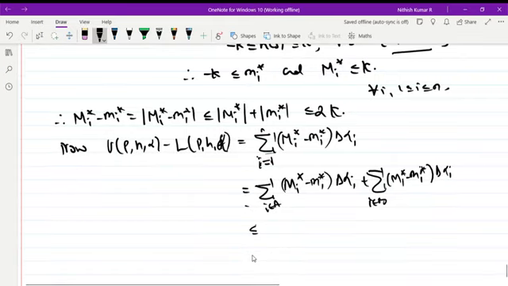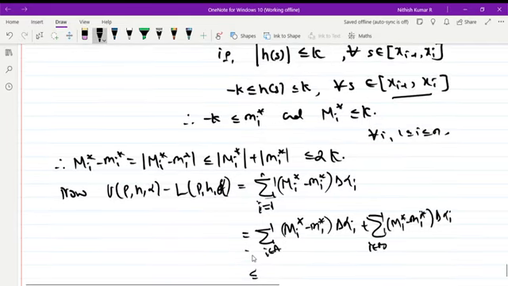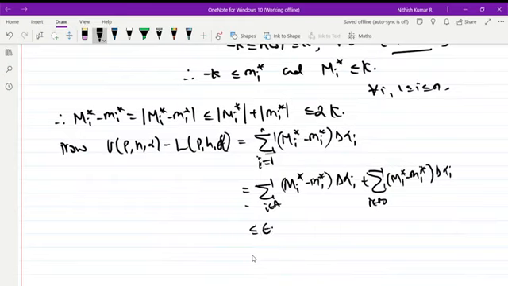Now this is less than or equal to, since we have seen that M_i* minus m_i*, whenever i belongs to A, is less than epsilon, epsilon times the summation i belongs to A of delta alpha_i, plus again the summation i belongs to B, where M_i* minus m_i* is less than or equal to 2K, of 2K times delta alpha_i.